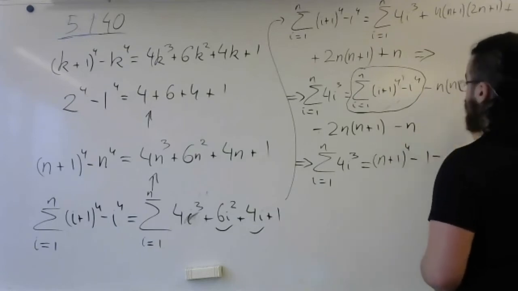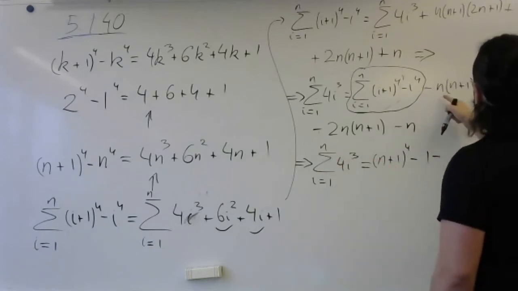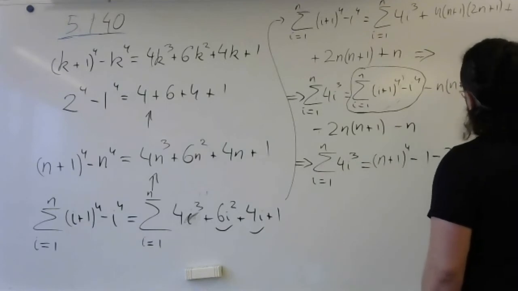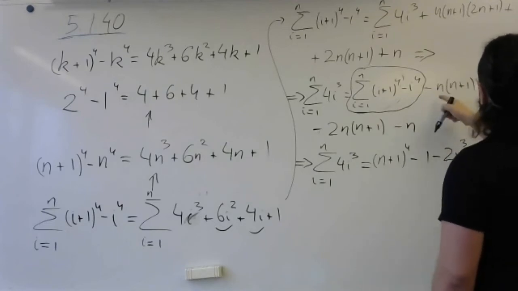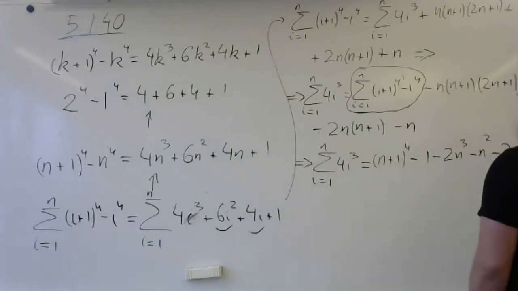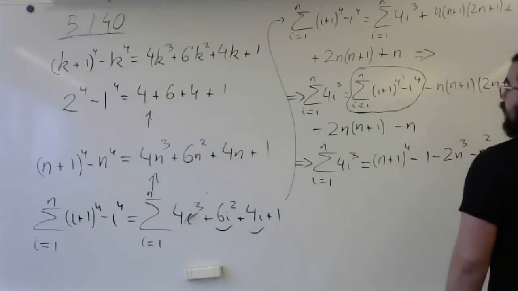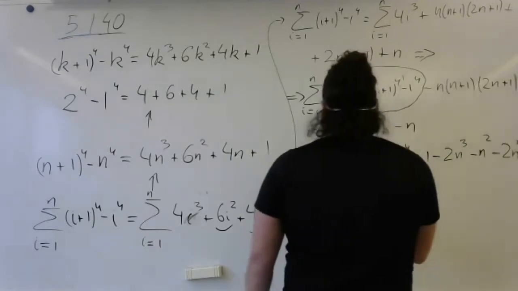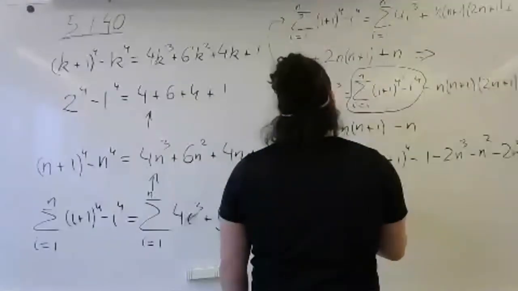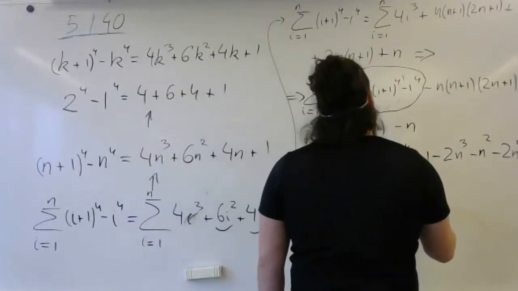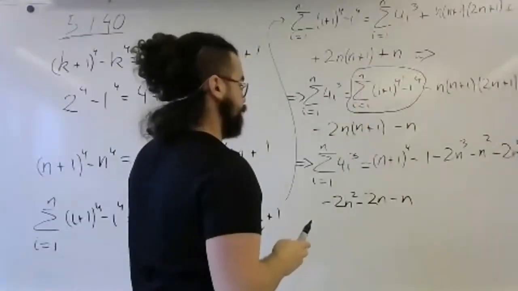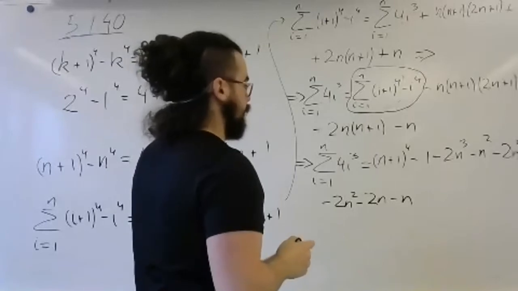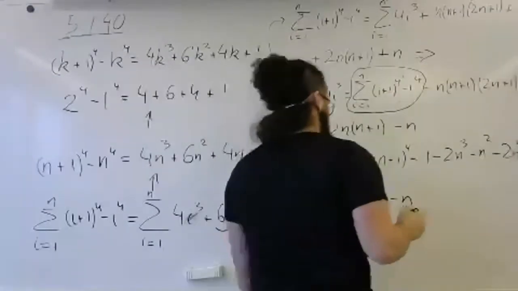Minus, I'm going to start unraveling this: 2n cubed minus n squared, minus 2n squared minus n, minus 2n squared minus 2n, and minus n. So does any of this cancel? No, it doesn't.